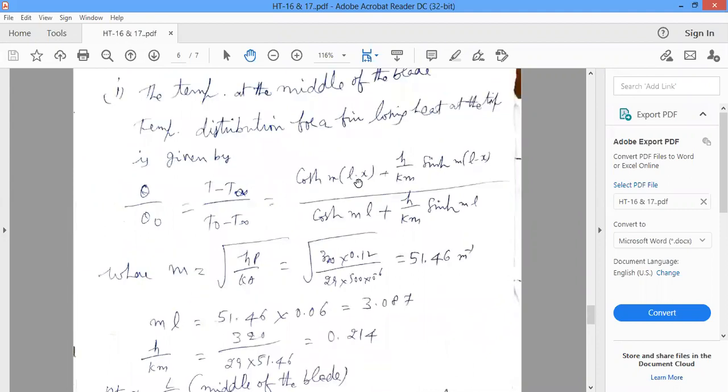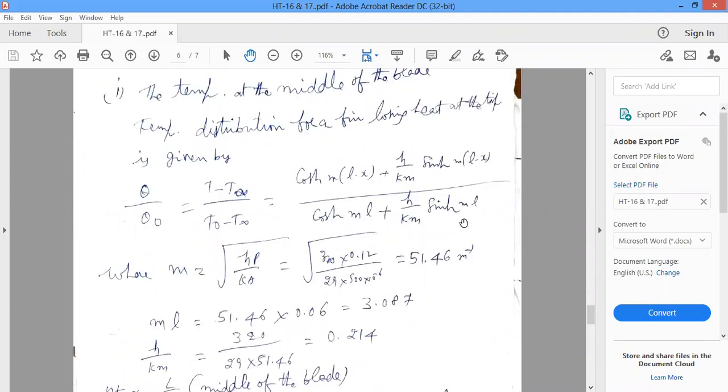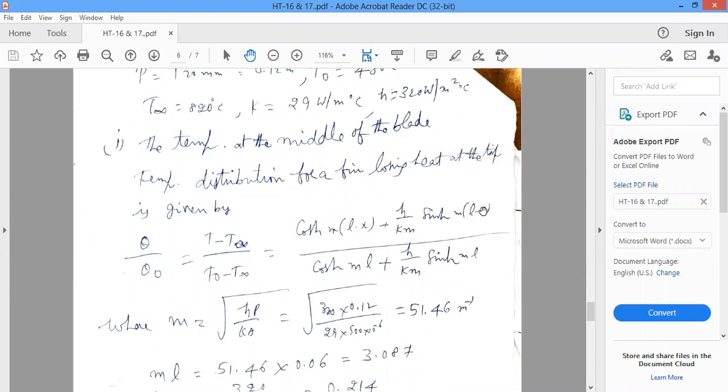What is x value? L by 2. So L minus L by 2 is L by 2 only.